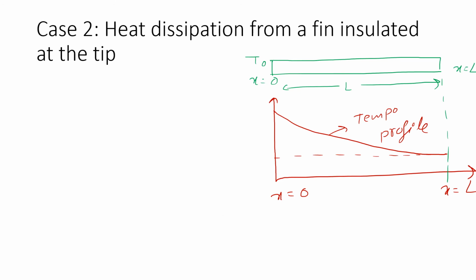In the second case, we will discuss heat dissipation from a fin which is insulated. Now look at this fin. This is our fin and this is our base temperature, that is T naught, and this is our starting point at x equal to 0, and the length of the fin is L. Here the fin tip is insulated. Now you can observe the temperature profile. Here I have represented temperature.